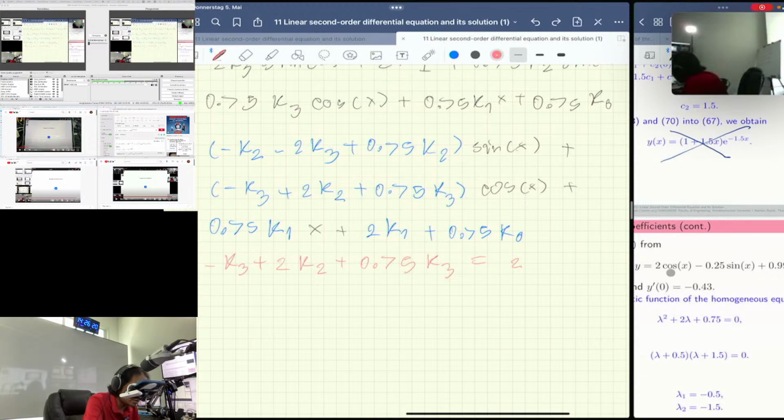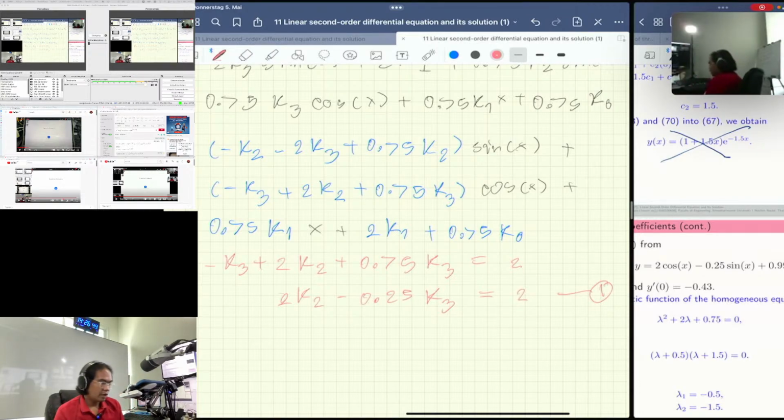Okay, you can say here that 2k2 minus 0.25 k3 equal to 2. That's the first equation. And for the sine term, we have negative 0.25, right?